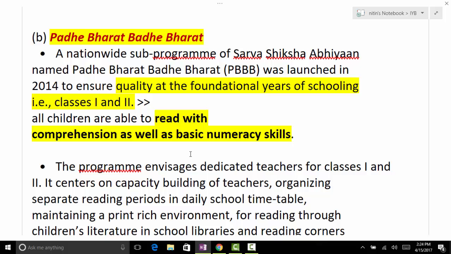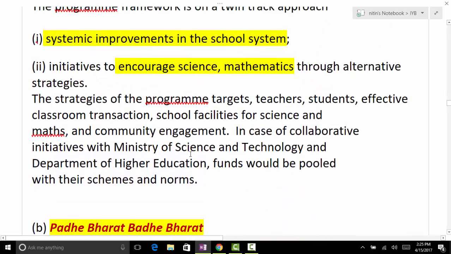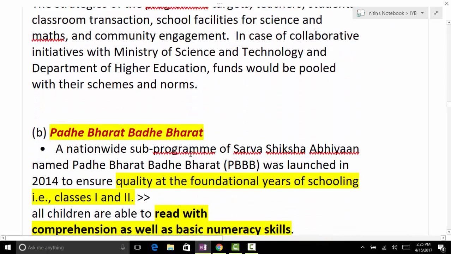Also try to bring certain initiatives that are for primary education, because in mains the question comes for primary education. So you should specifically have certain initiatives. There it won't work that everything can be covered. This is dedicated to primary education: Padhe Bharat Badhe Bharat. These kinds of questions are asked.